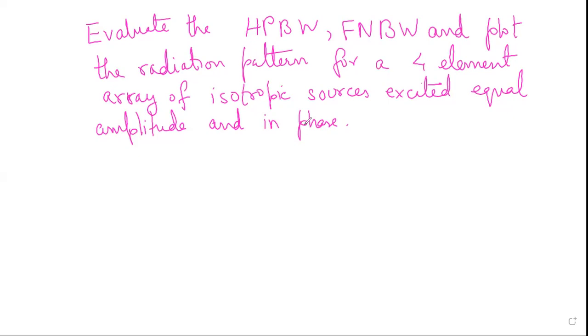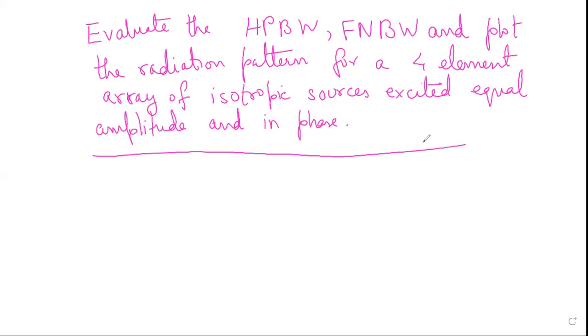Okay. Everybody has noted down the question. So we will start solving. Okay. Whenever we are solving such a problem of array where there are isotropic sources, what we get is the array factor. Okay. So now we do not have to derive.